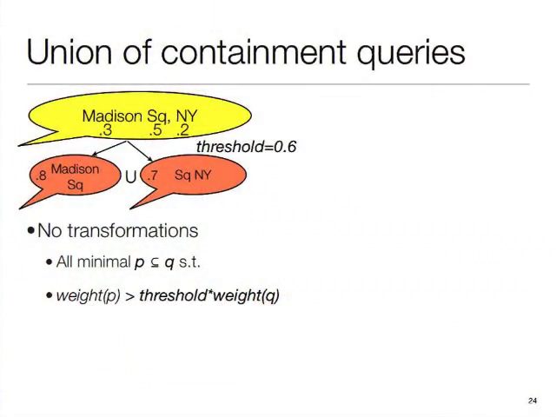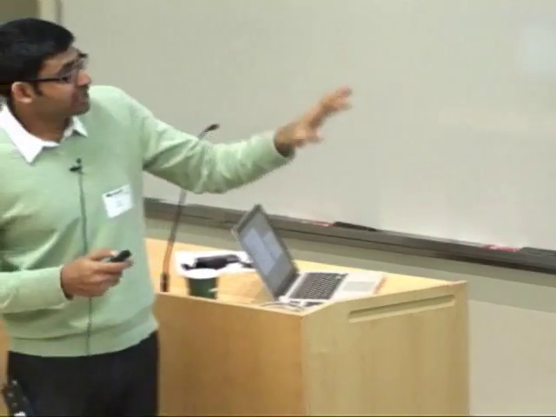So now let's try to do Jaccard containment without transformations for a minute and see one way we might be able to solve it. We have a query Madison SQ NY, and we'd like to do a Jaccard containment with a threshold of 0.6. What this says is at least 0.6 of this query should be covered by any record that is in the answer.